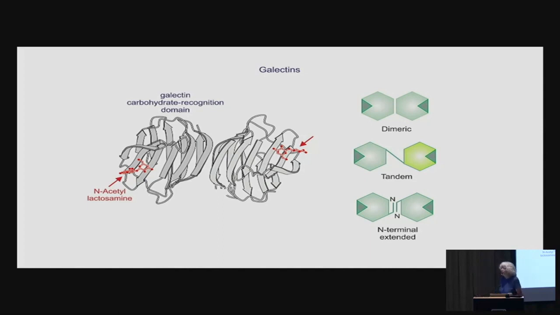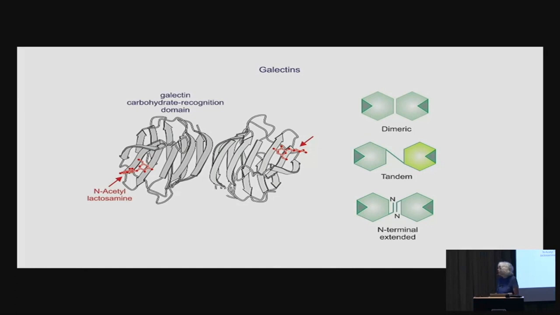All of these bind beta-galactosides, and they either associate as dimers, so the single galactin CRD associates with an identical one to form this dimeric structure with the binding sites at opposite ends. Some of them actually have two galactin CRDs in a single polypeptide, so again, with two binding sites opposite each other.